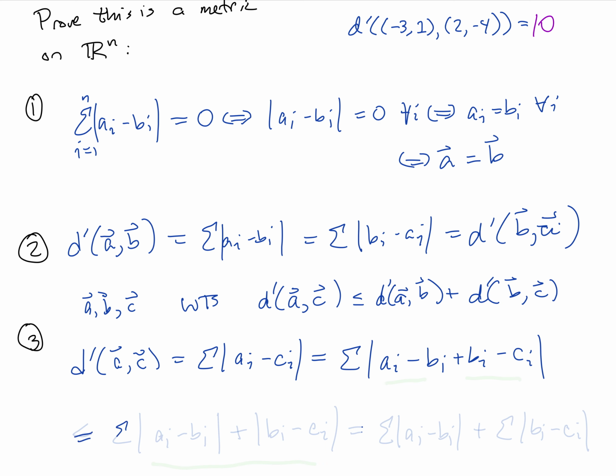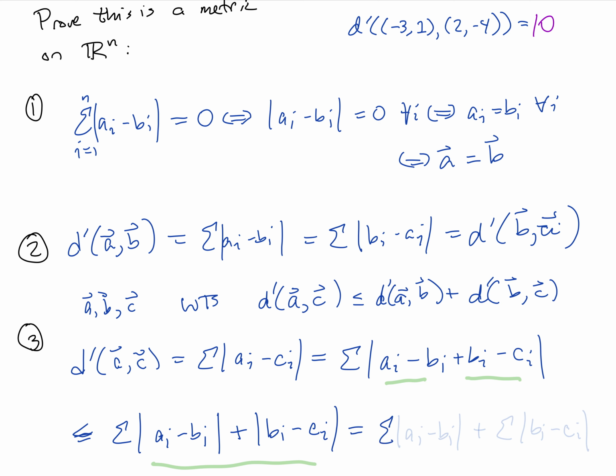And so this is going to be less than or equal to the sum of the absolute value of ai minus bi plus bi minus ci, for the same reason that we discussed before: if we think about breaking up this sum, if each of those pieces is non-negative, then that's an equality. But if either of those is less than 0, then this whole thing is going to be strictly less than this.